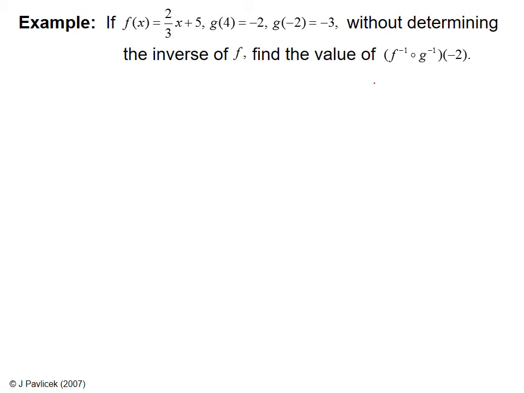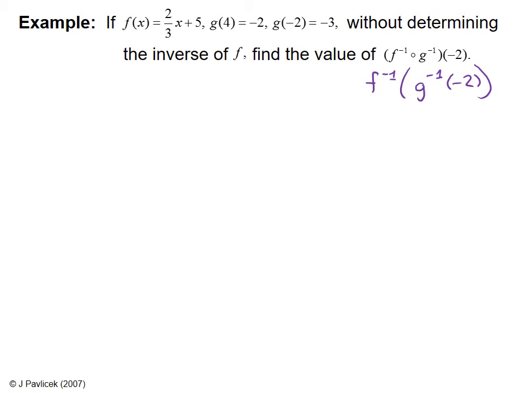That whole f inverse of with that little circle, we have been writing that with our chain rule like this. This is what it's really asking you to find. That little open circle notation means this. You're going to take g inverse of -2, then you're going to plug that into f inverse.